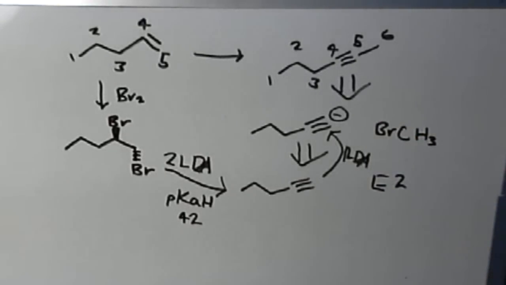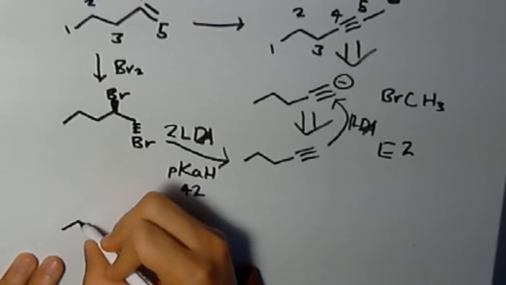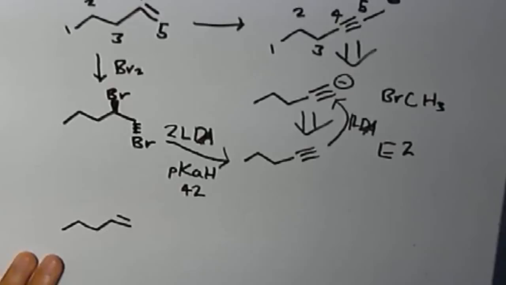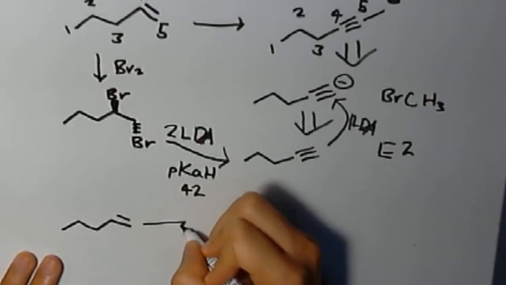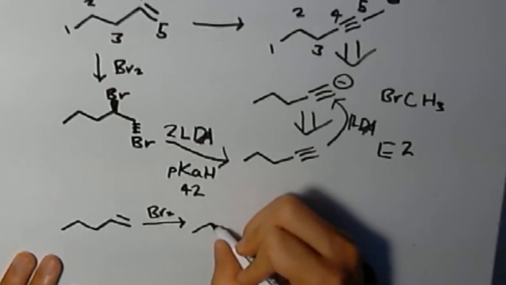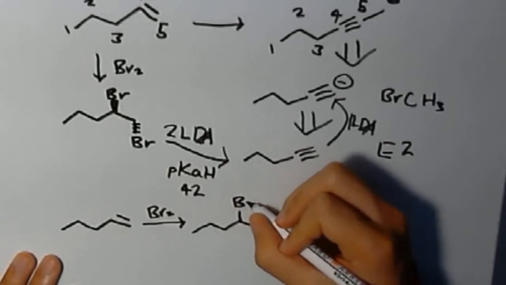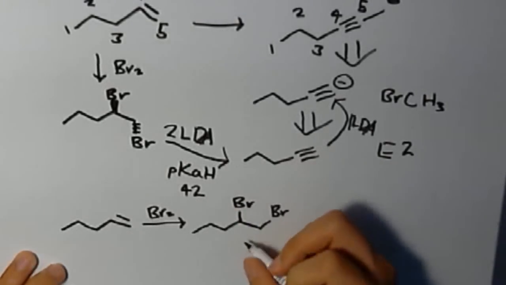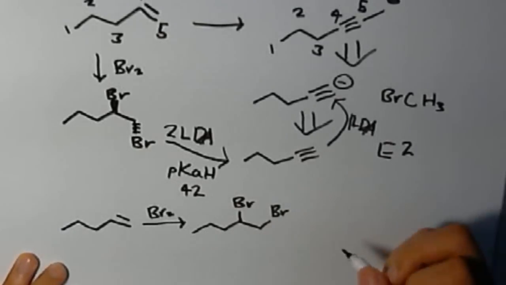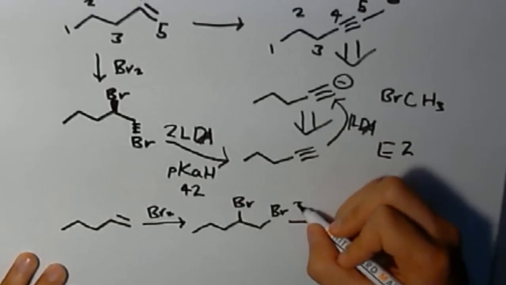So let's try to make it formal. Let's make it neater. Okay. So we're starting with the alkene. We're adding Br2. We get 2 Brs. So we have a dibromo alkane. Then we're going to add 3 equivalents of LDA.